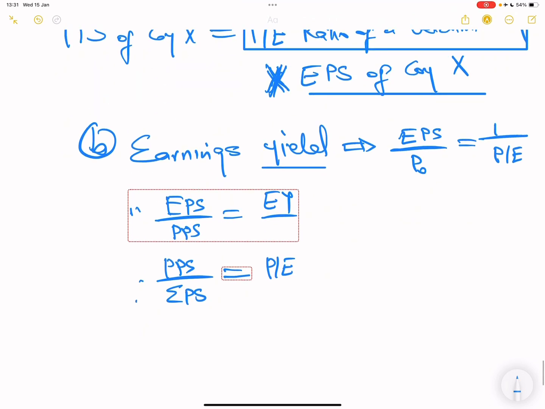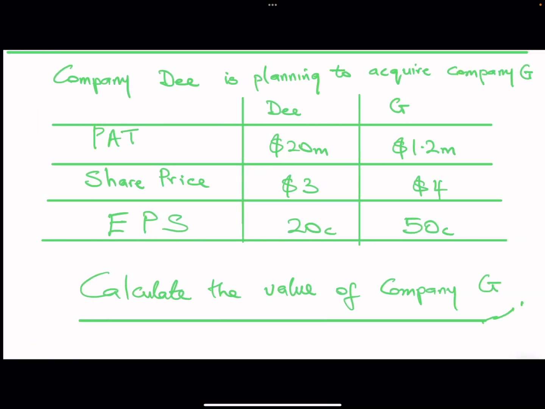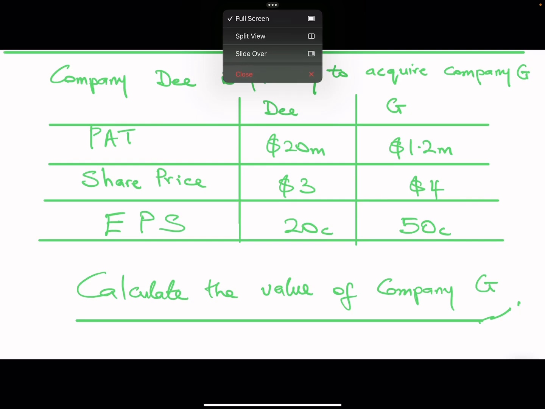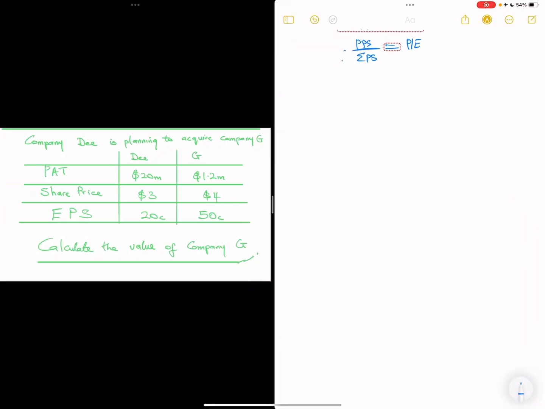Let's look at this example. You have company D that is planning to acquire company G. We have the information for both companies: profit after tax, share price, and earnings per share.